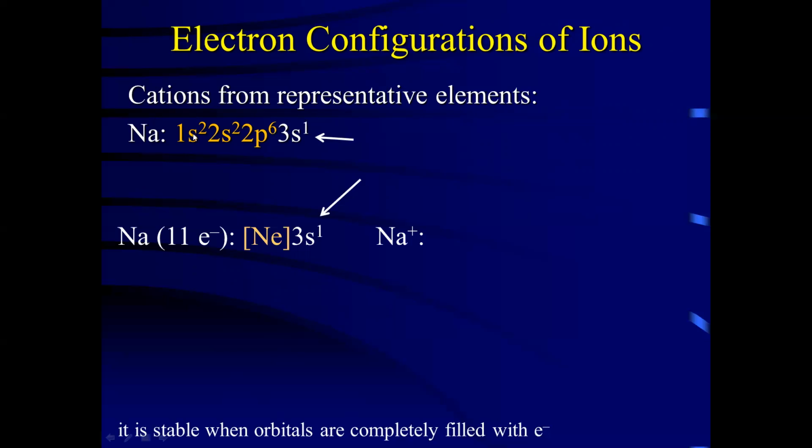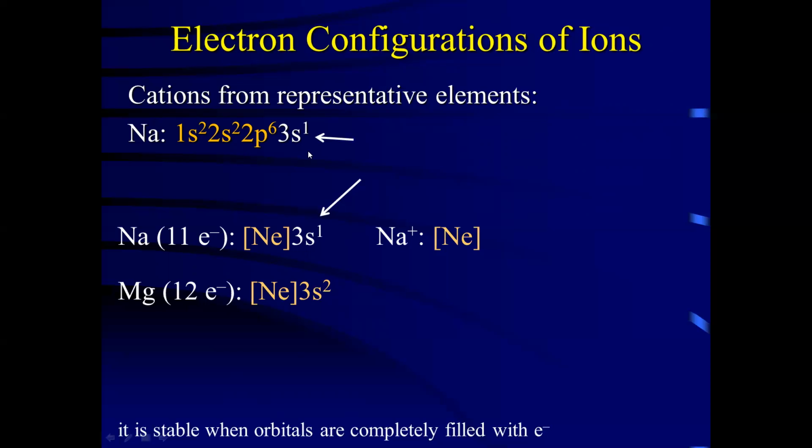If we use that method, we fill in 2 electrons here, 2 electrons, 6 electrons, and then the last electron goes to here. This is the noble gas core configuration, which is the same as here. The only difference is we use neon, which has 10 electrons, to replace this part to save space.